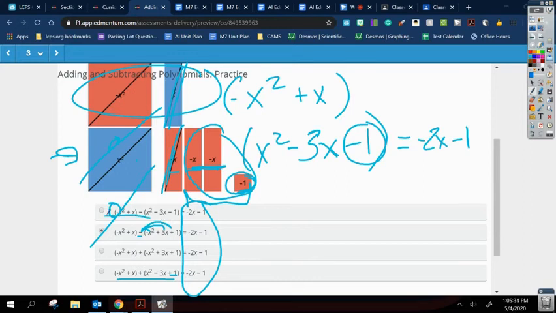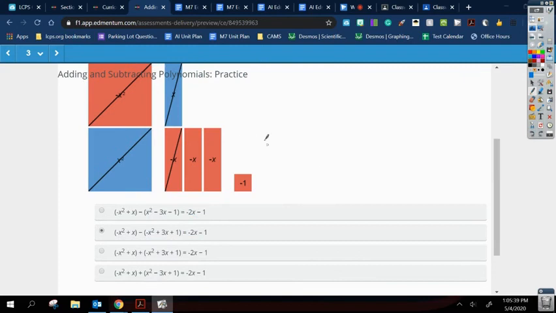So this one was a little bit tricky because you had to realize that the top one is a negative x squared and an x. The bottom one is an x squared and 3 negative x's and a negative 1. That's if you are adding. But we're not adding them because that's not one of the options with this minus 1 here.